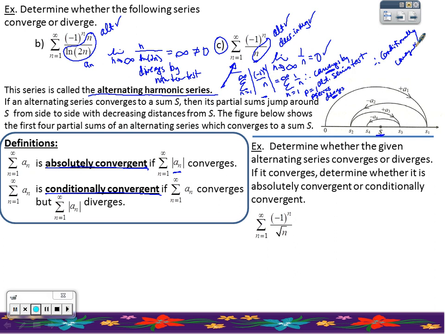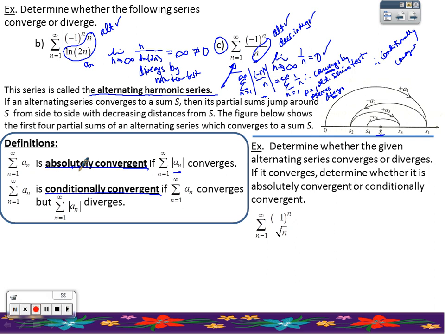Now, if the absolute value of the series converged, then it would be absolutely convergent. And if the alternating series diverges, you're pretty much done. If the alternating series diverges, it diverges, you're done. There is no absolute or conditional convergence. That's why we start with the alternating series.